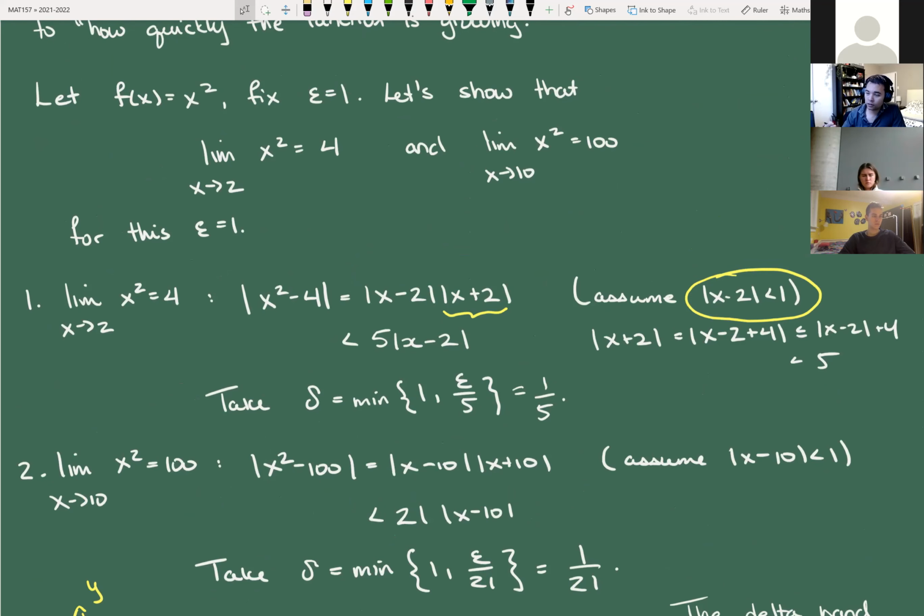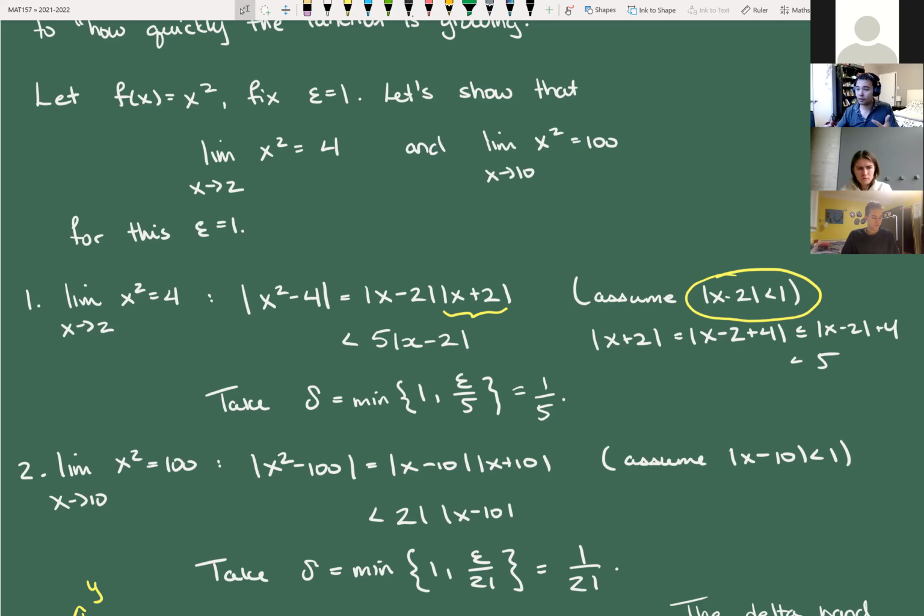Try doing it for a general c, don't do it for 2 and 10 like I did. You'll get a formula for delta in terms of epsilon, and what you'll find is that as you let c go off to infinity, delta is going to become 0. But delta can't be 0. Delta has to be positive. And so that's basically an intuition thing. You'd still have to prove it.